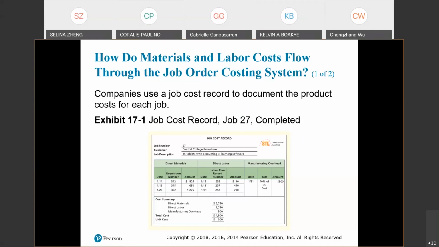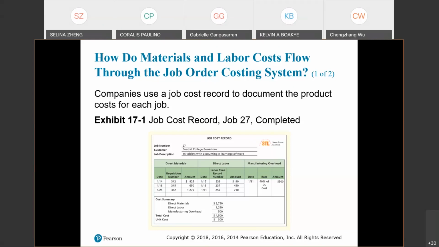Here, we will use our fictitious company, again, Smart Touch Learning. As you remember, this company manufactures touchscreen tablet computers that are preloaded with its e-learning software.